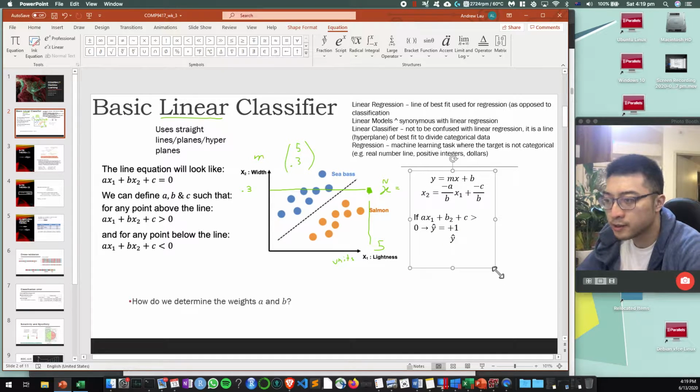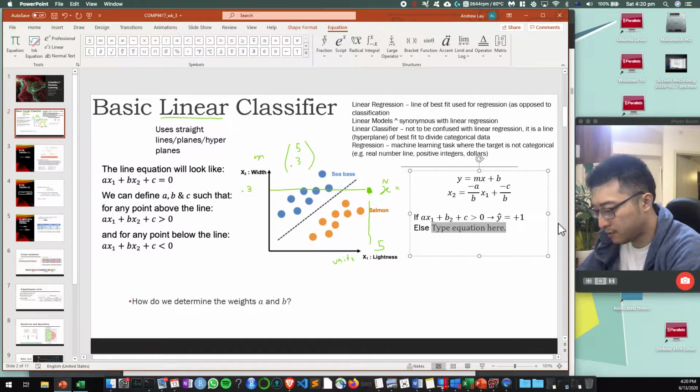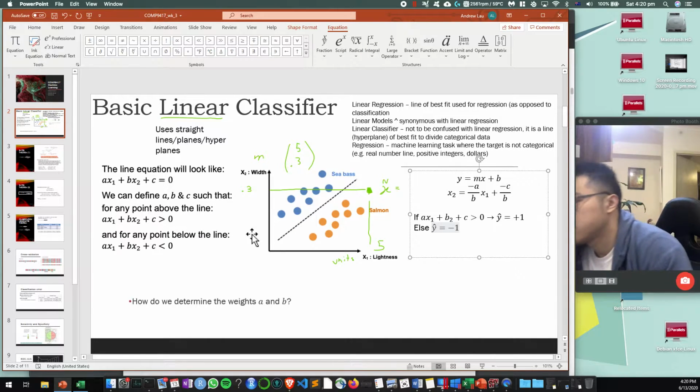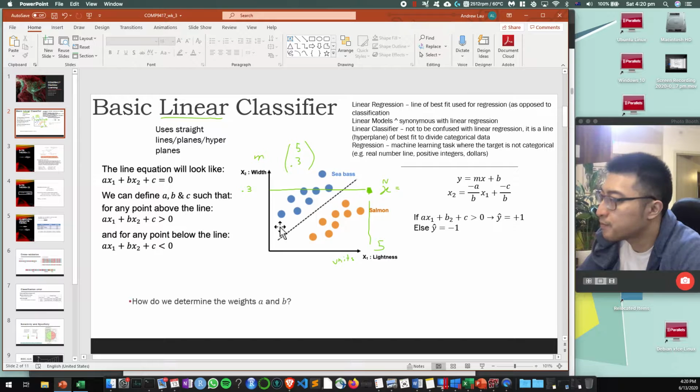Else, y hat equals -1, right? There is an edge case of sorts in the middle where it's 0. You could set it to either. You could have it so that it is greater or equal here and else that, or you could just have this. I don't think it really matters either way. Cool.